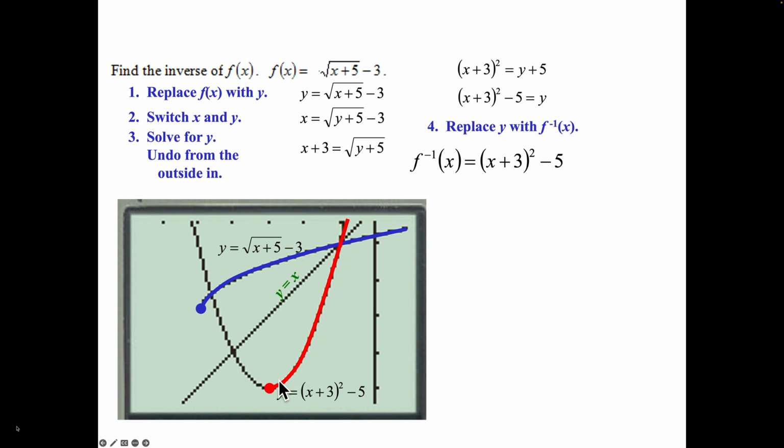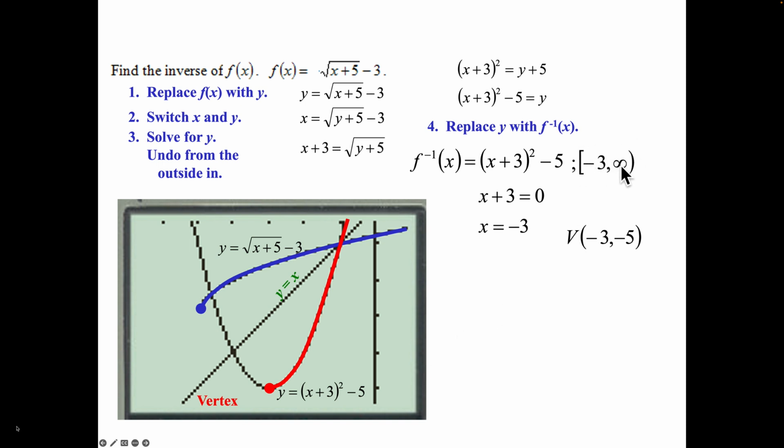So what I got to do is find my vertex. Oh yeah, that's right. This is in vertex form. My vertex is at -3, -5. So at this x coordinate, I want my x's to be -3 or bigger.